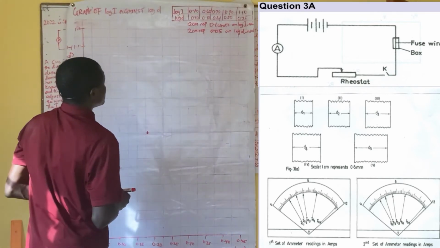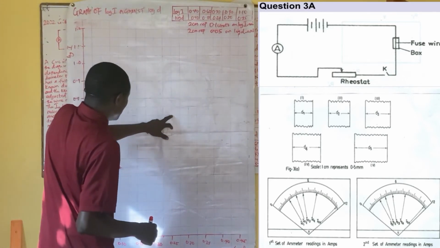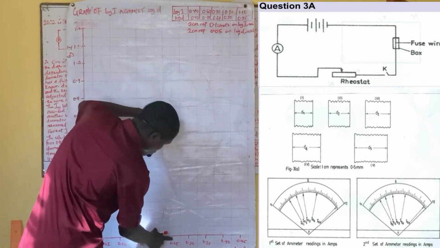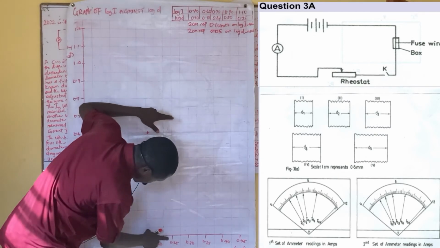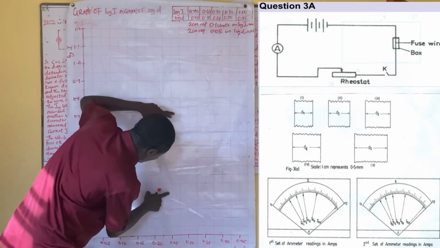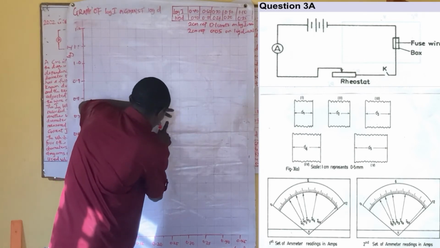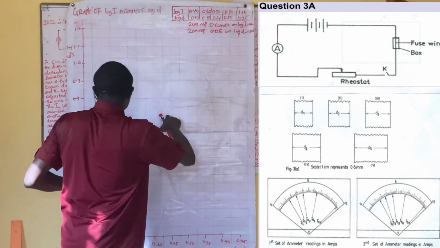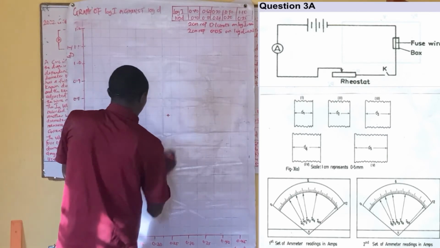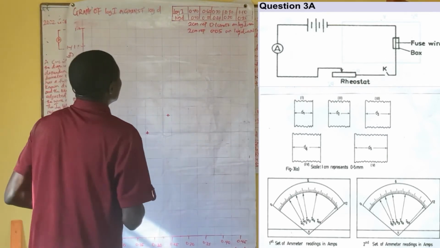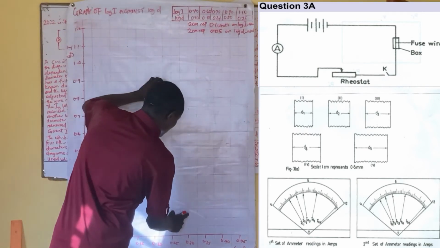So the next one is 0.7 against 0.24. This is 0.25, so before 0.25 is 0.24. So 0.24 goes like this, to meet 0.7. Then 0.9 against 0.30, that was on the line.